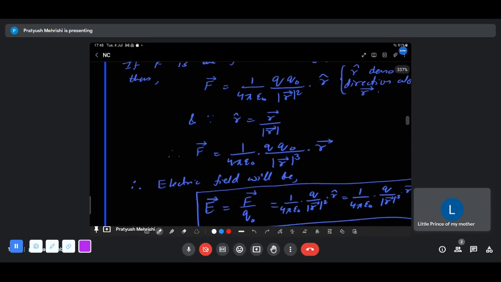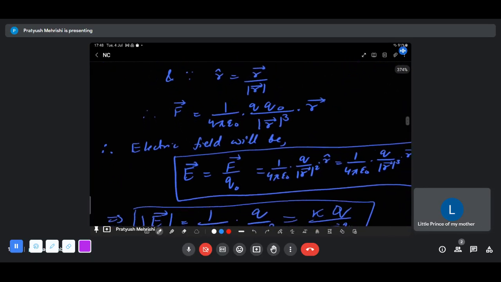So in vector form I wrote this force, and the electric field will be what? The electric field will be the force divided by the charge Q naught.